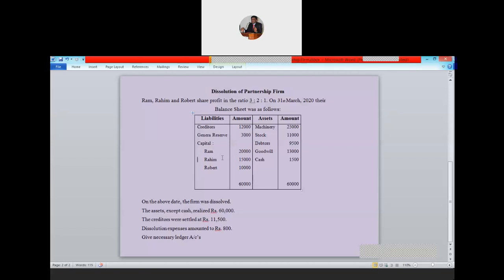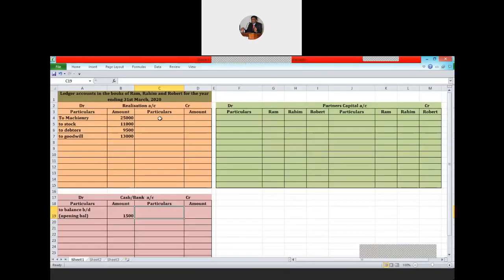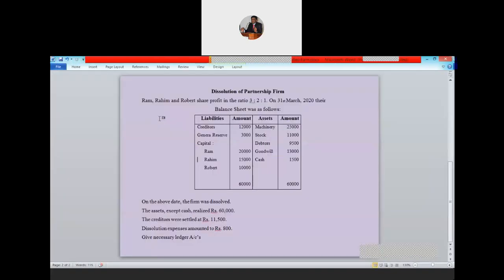Now let us come to liabilities. All external liabilities are to be transferred to realization account. Here in this given problem, the external liabilities are only creditors of 1,000. So in the realization account, by creditors 1,000.